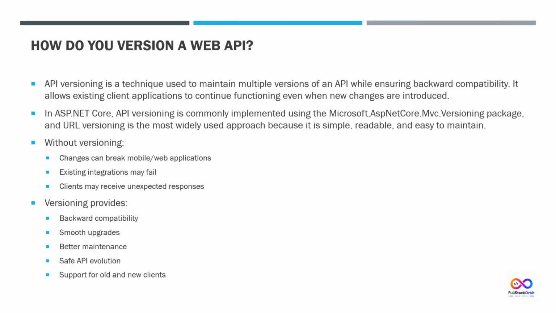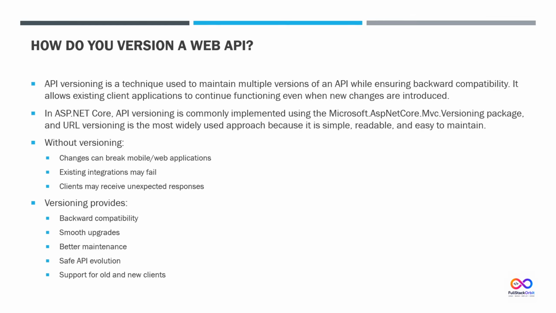For example, suppose version 1 of your API returns a set of elements and after that you change it, for example, you add new elements into it. Now the older application that expects only, for example, ID and name may fail. This is called a breaking change.